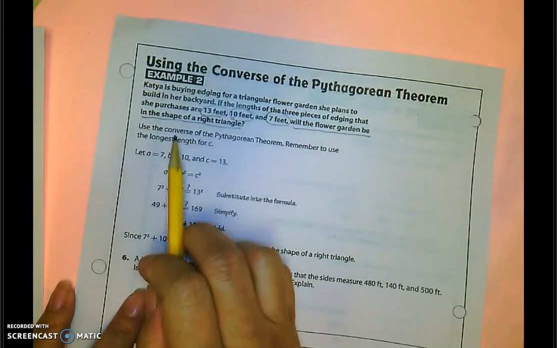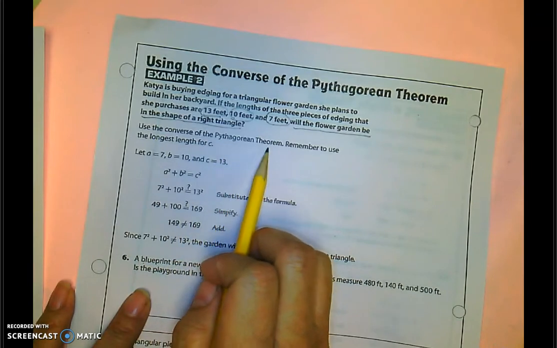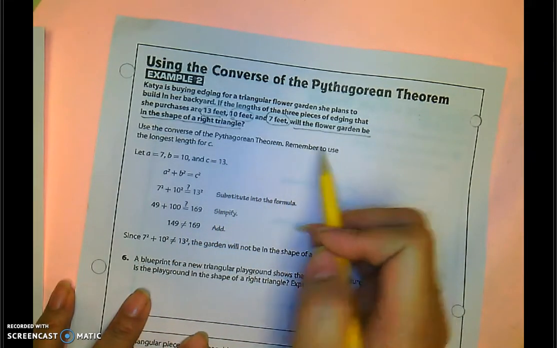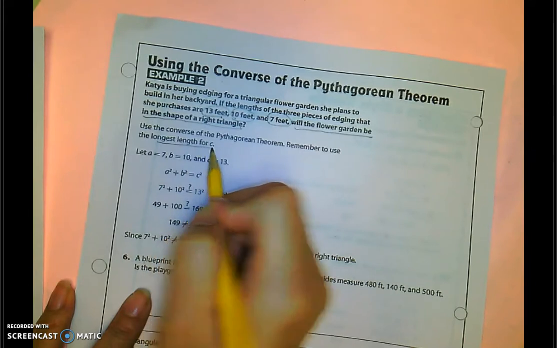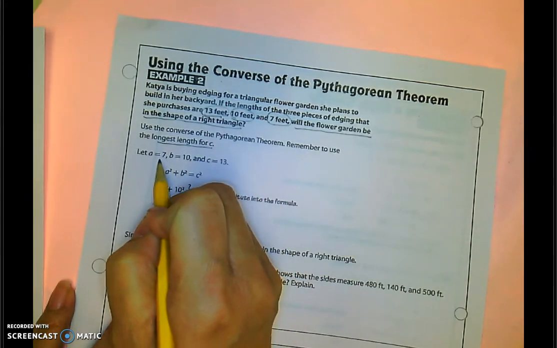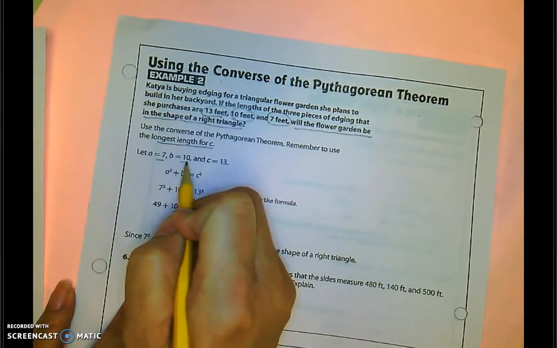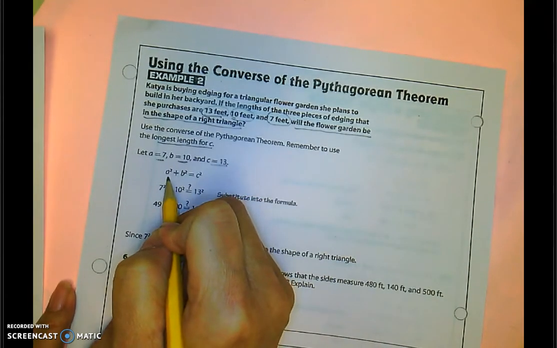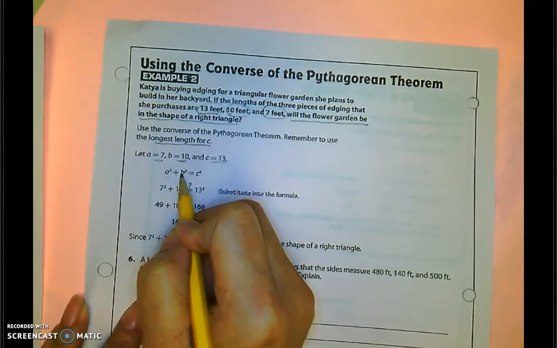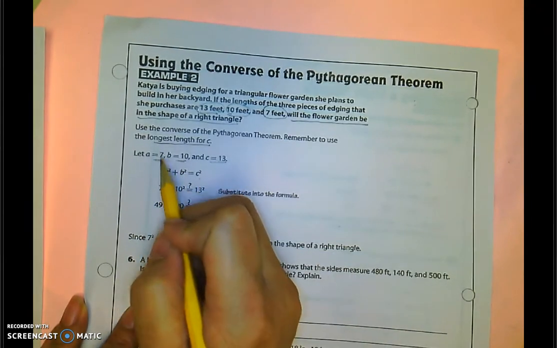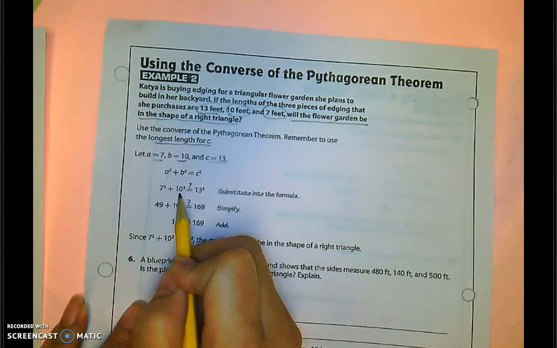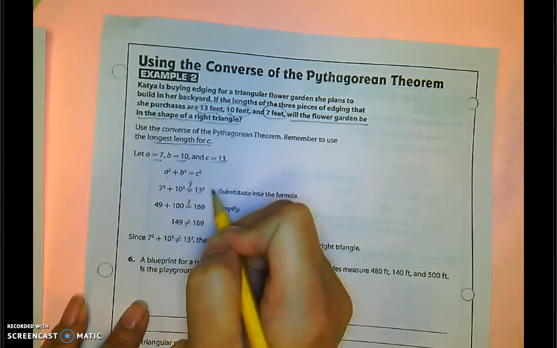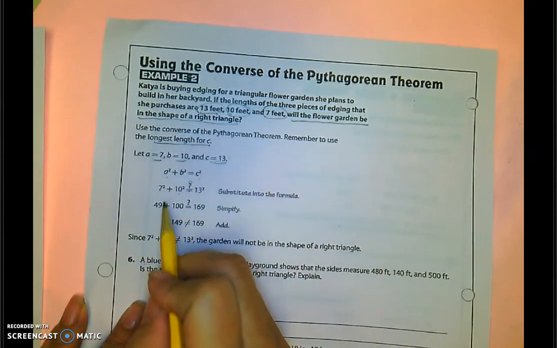Now, we use the converse of the Pythagorean theorem. Remember to use the longest length for C. Okay, A is 7, B is 10, and C is 13. We write the formula A squared plus B squared equals C squared. We substitute 7 squared plus 10 squared, put a question mark to compare with C squared.